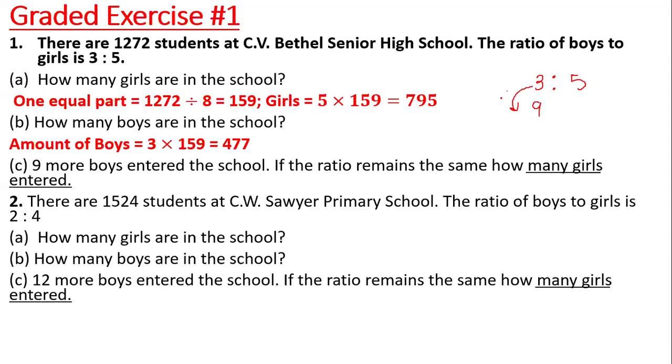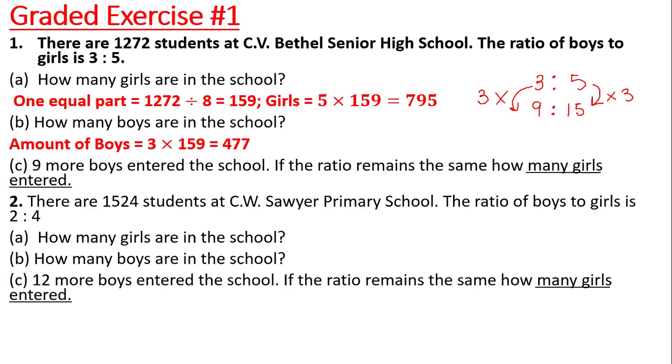We have to multiply by what? By 3. Very good. So 3 times 3 is 9. And then whatever we do to the left, we must do to the right. So it's going to be 5 times 3. 5 times 3 is going to be what? 15. Very good.